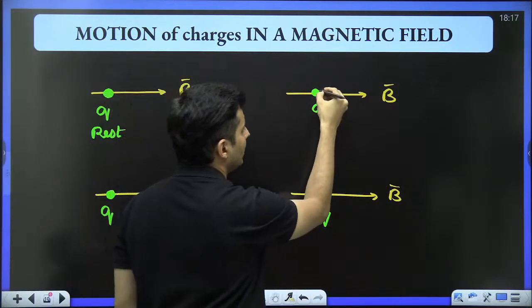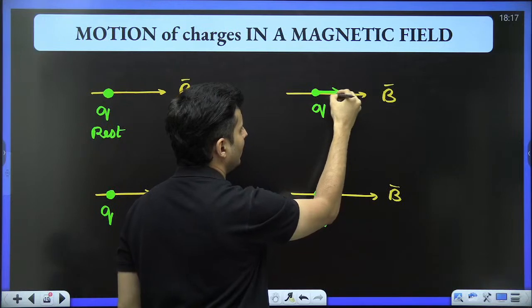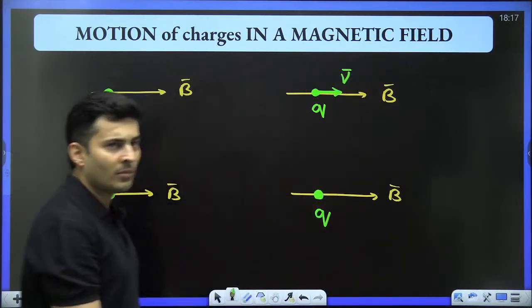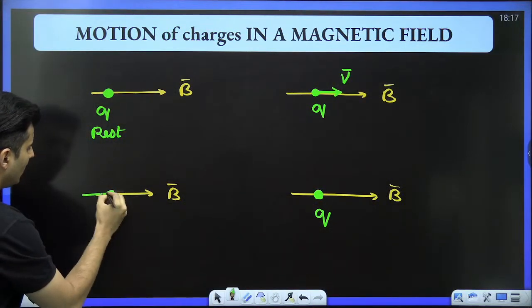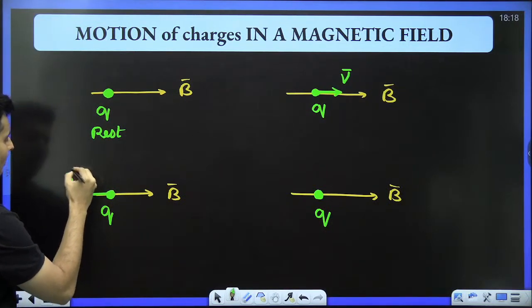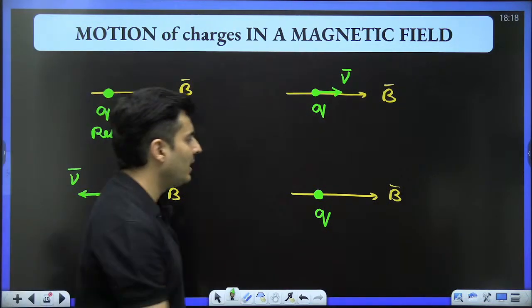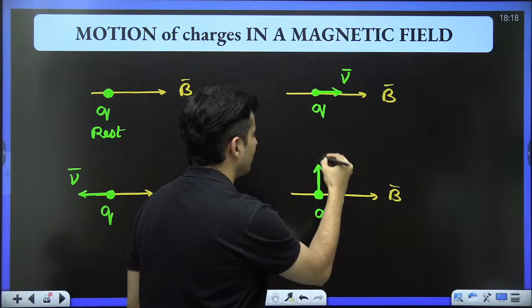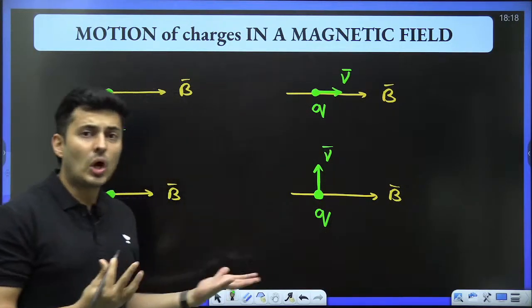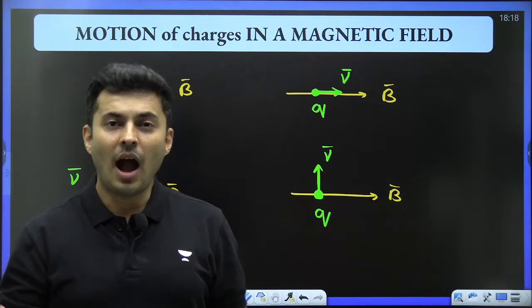This charge, they made it move in this particular direction with some velocity. In this case, they made it move in this direction with some velocity. In this case, they made it move perpendicular, like this. And they saw how it gets deflected, how it moves.